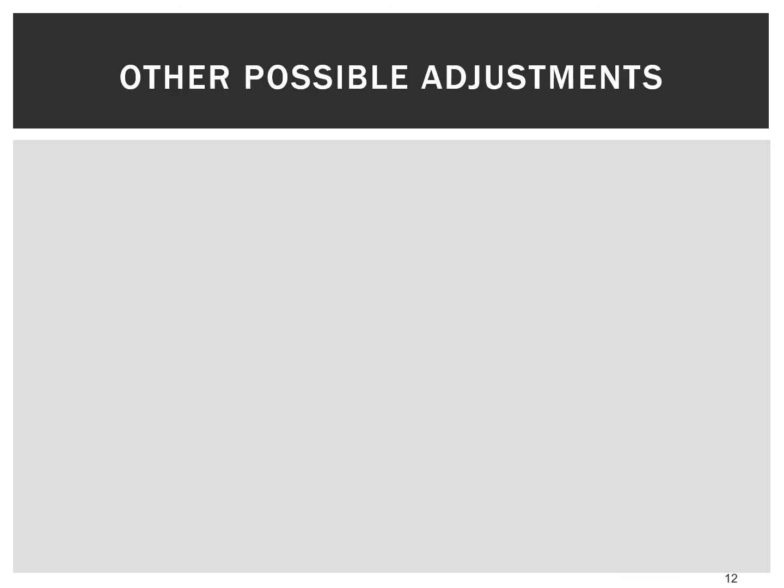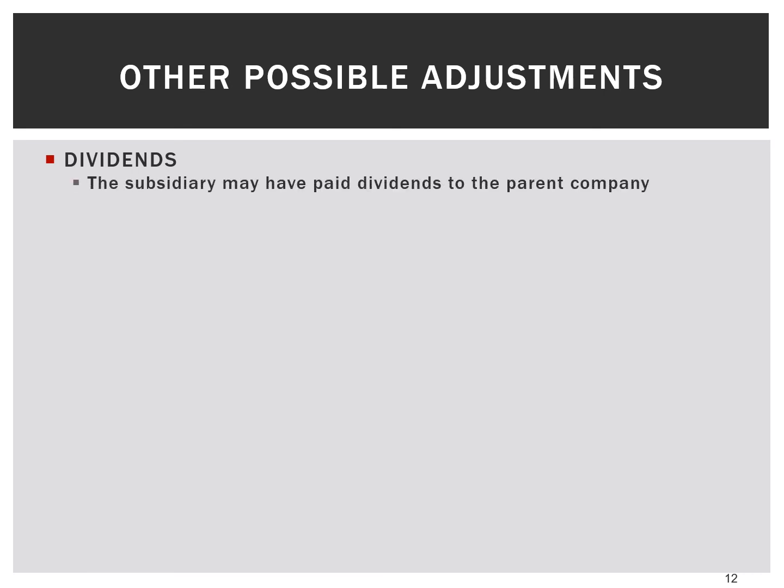Now those are the main profit and loss account adjustments that you're likely to come across in the exam. There could be one or two others to look out for. Firstly, dividends. It could be that the subsidiary company has paid a dividend to the parent company. That will be reflected as investment income in the parent company's profit and loss account. That needs to be eliminated.